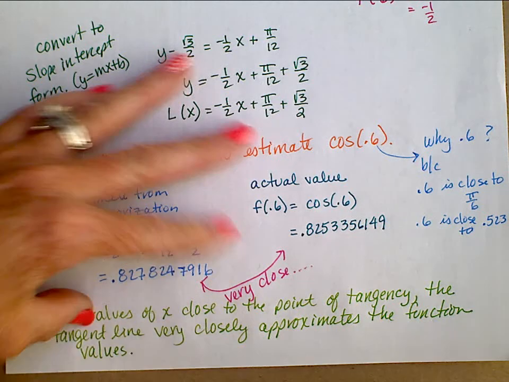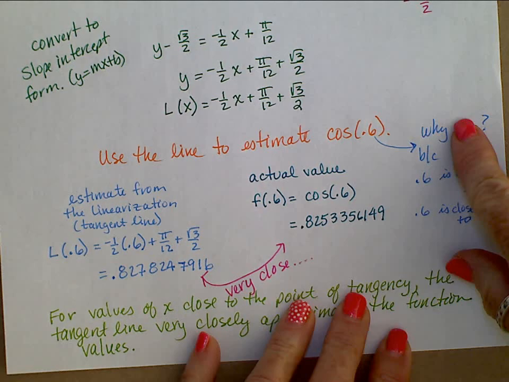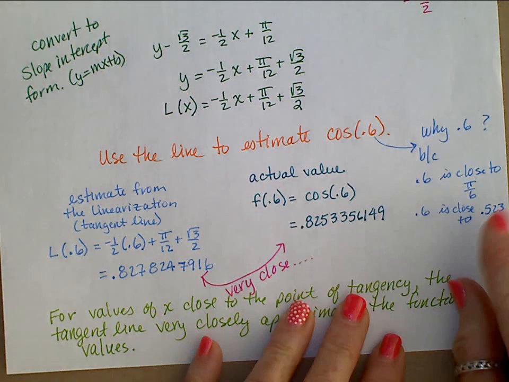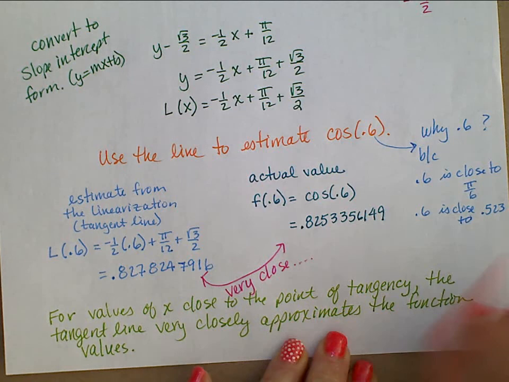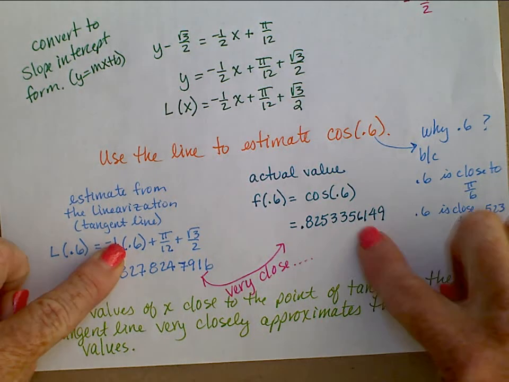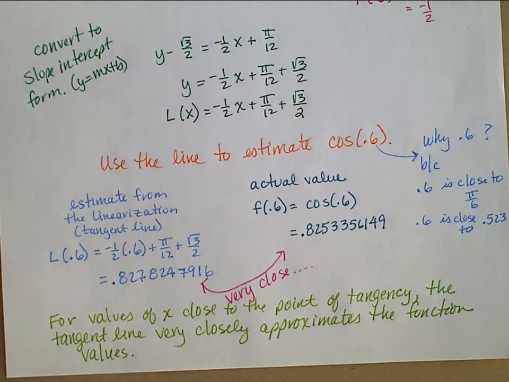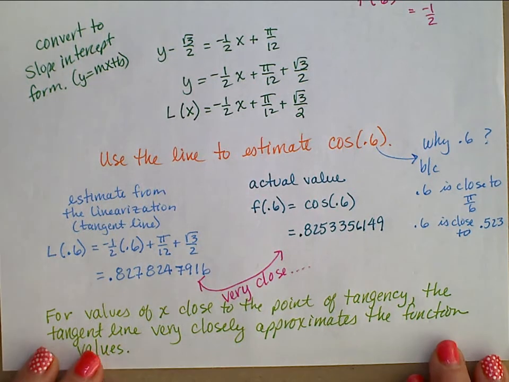For values of x close to the point of tangency, so like this, 0.6 was close to pi over 6, the point of tangency, then the values off of the tangent line are very close to the actual values on the function. The farther that a value of x gets away from the point of tangency, the farther that estimate is away from the actual value.